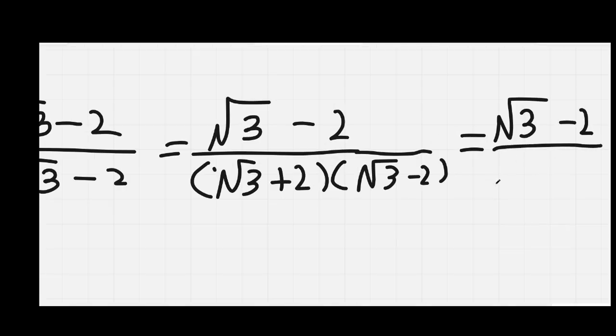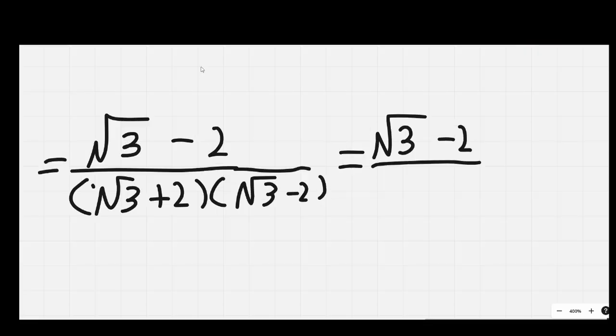So that would be root 9. Once you've gotten to this point, you should realize that the denominator is just the difference of two squares.